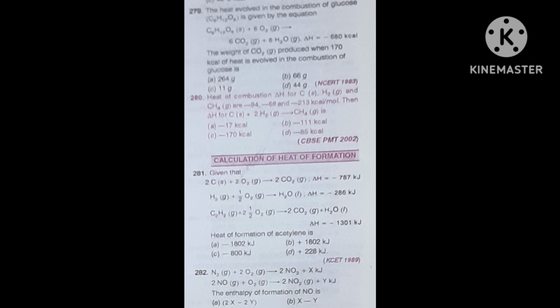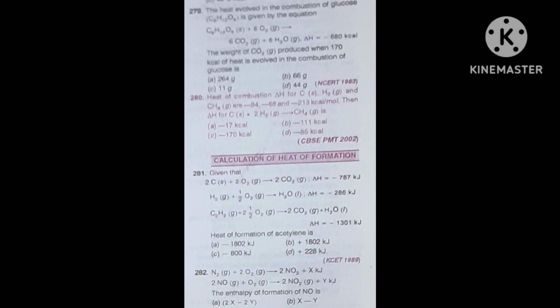Third reaction, CH4 plus 2O2 gives CO2 plus 2H2O, balanced equation, and delta H is given minus 213 kilocalorie. Then you have to calculate C plus 2H2 giving CH4.